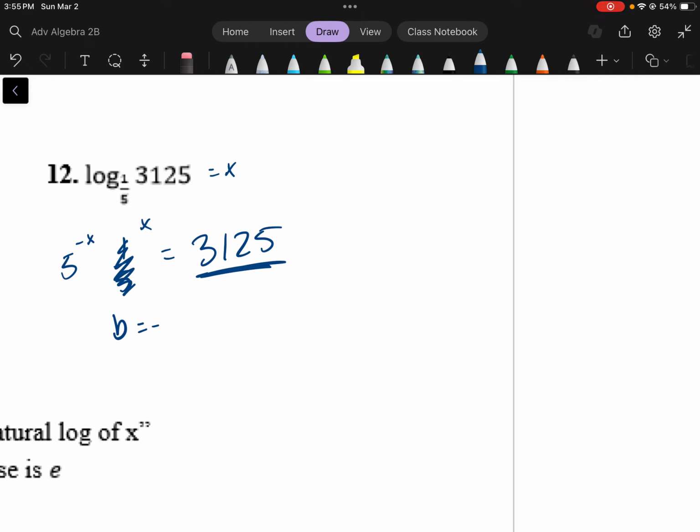Okay, and you're probably thinking, well, that's crazy to do in my head, but if we know it's a true statement, like I know x is a number, and we're doing this without a calculator, so I think it's fair to assume that it's going to be a whole number. Well, I know 5 squared is 25, 5 cubed is 125.